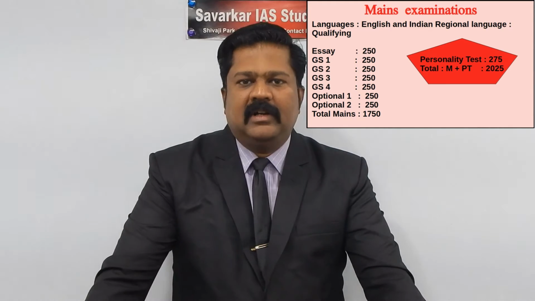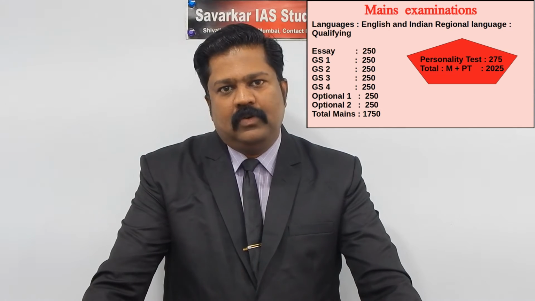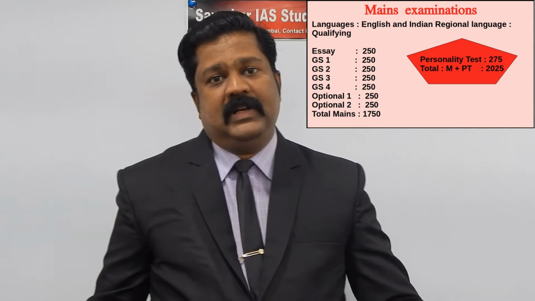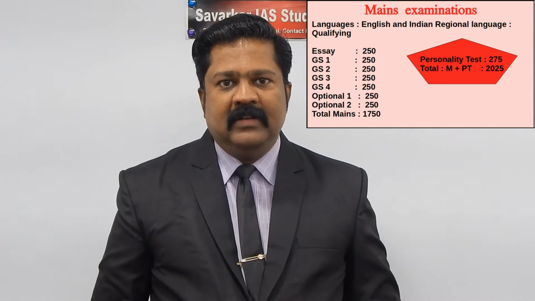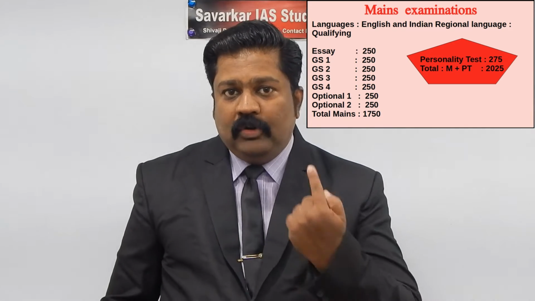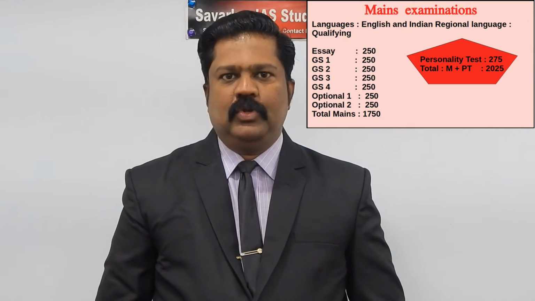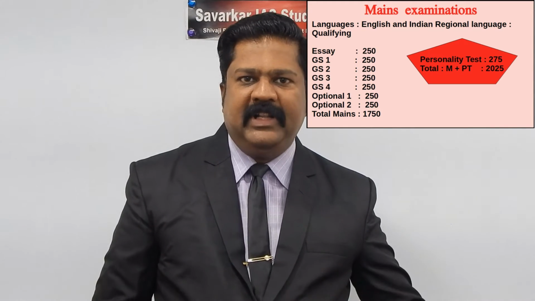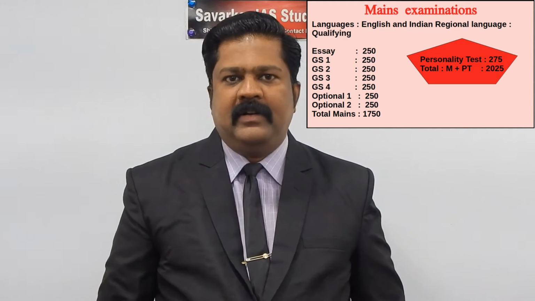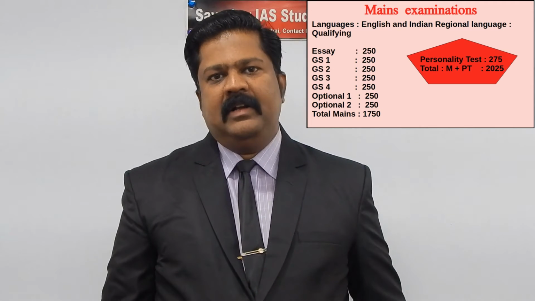Now what are these other papers? They are again general studies papers. In total there are 4 general studies papers. What we discussed about prelim, similar papers are here. Only one additional paper is there, called the ethics paper. In paper 2 of the preliminary examination, there was a part called decision making, problem solving and interpersonal communication skill.